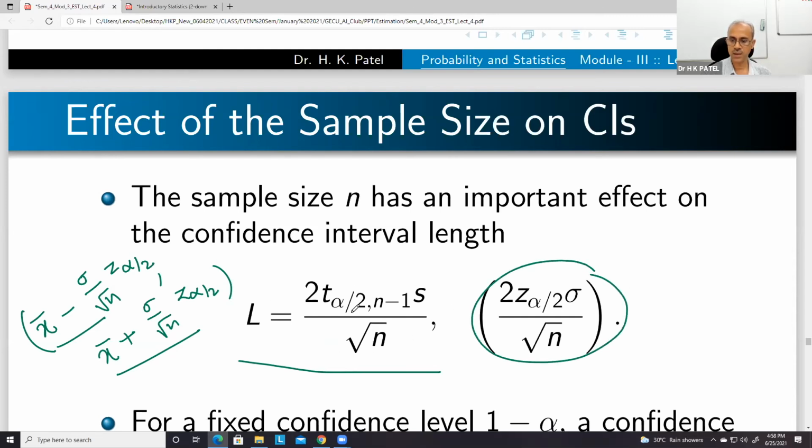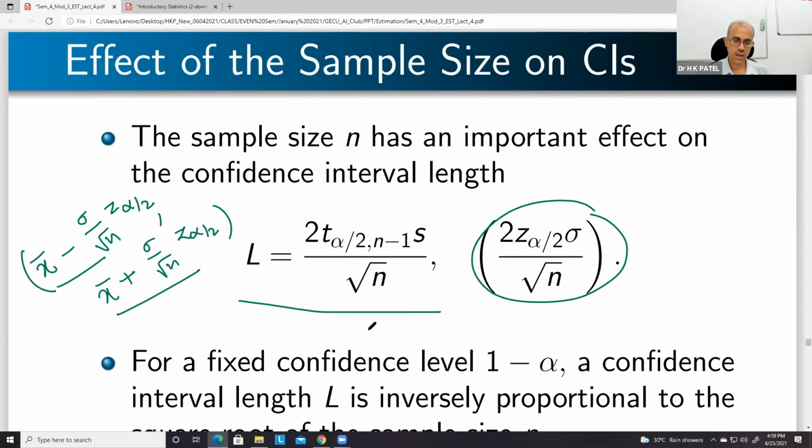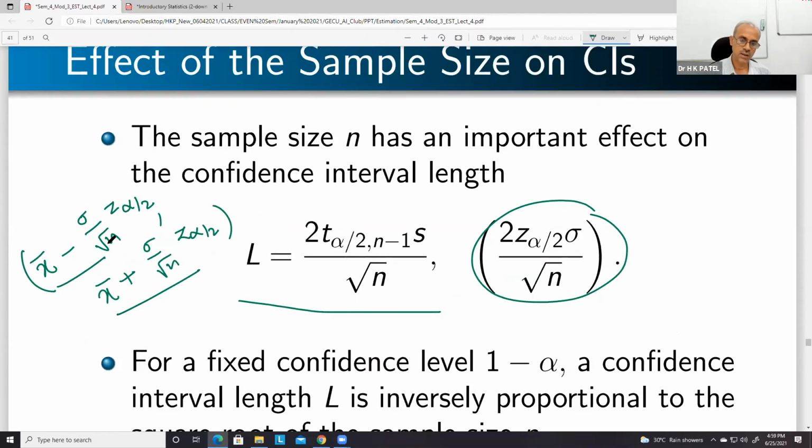Similarly, in the case of t intervals, this is the length of the interval. I should also say that half of the length of the interval is called the error in the calculation of a confidence interval.